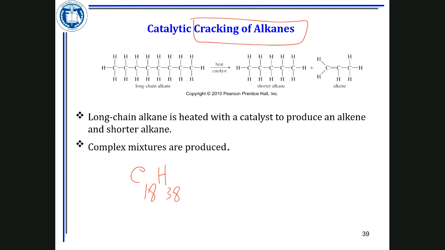When you cut it into 2 molecules, if I do it symmetrically, it's going to be C9 and C9. If I satisfy the first one with hydrogens, I take 20 hydrogens to make an alkane, and how many hydrogens are left for the second one? 18. So if this is an alkane, the other is going to be an alkene.